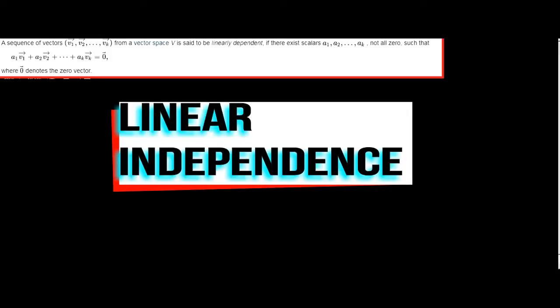Okay, so let's see what is the meaning of a sequence of vectors being linearly dependent or linearly independent.